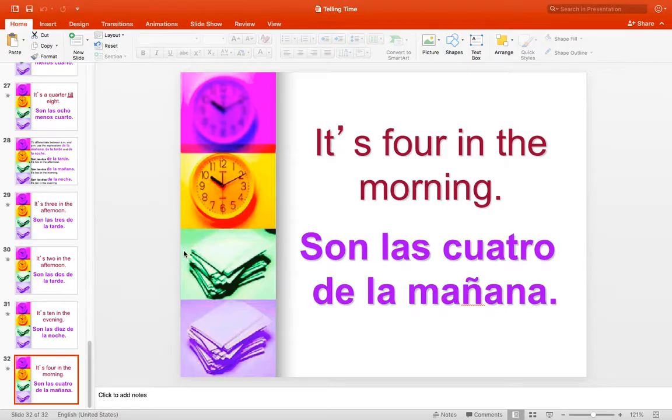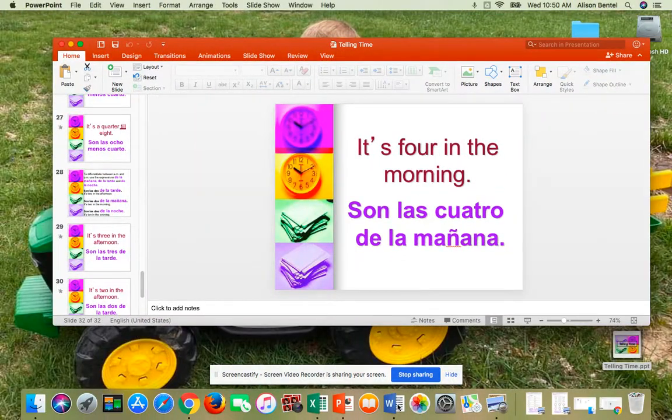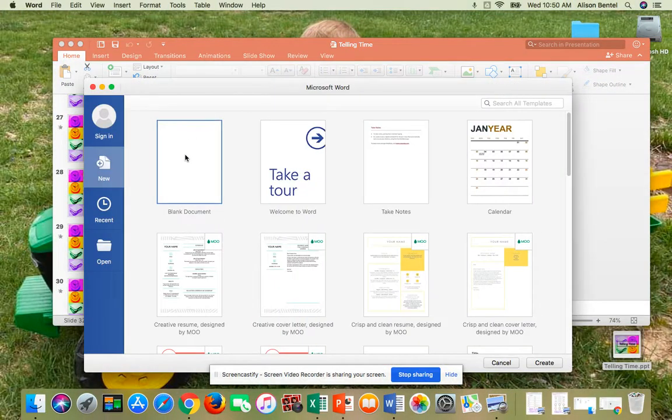Y es todo. Vamos a practicar un poquito to show you what I mean about adding in our previous unit. Vamos a verlo aquí.